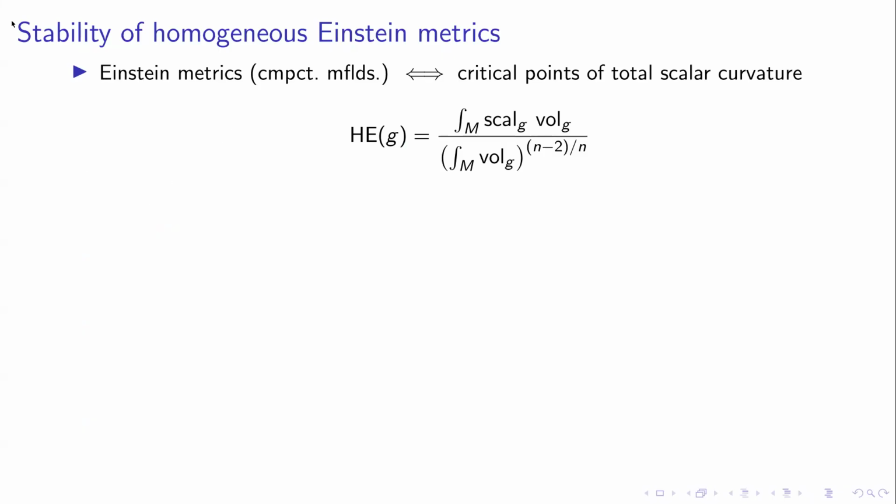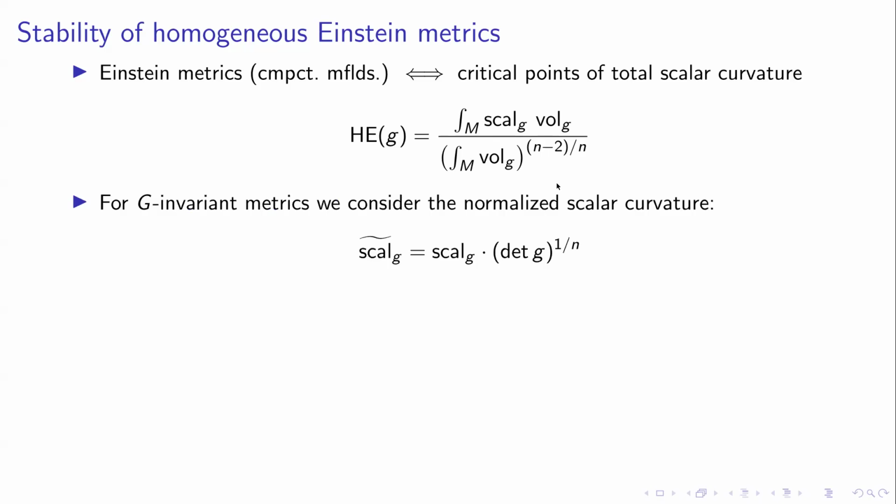Remember the stability problem for Einstein metrics. Einstein metrics on compact spaces are the critical points of the total scalar curvature, which is defined in this way. Sometimes this is taken over metrics of volume 1. This is the Hilbert-Einstein functional. But in the homogeneous case, we have the homogeneous version of stability.